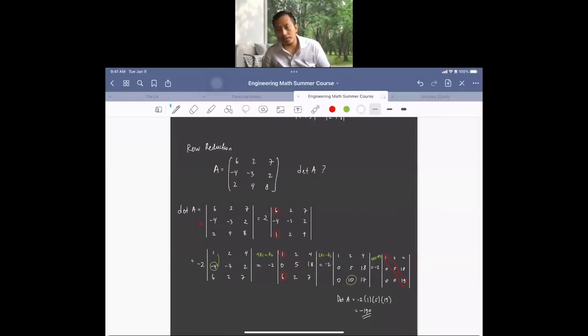Okay, so what is the determinant usually used for? Usually, it's used for finding the inverse of the matrix. That is one way to see it. But let's just see what the inverse of a matrix is.